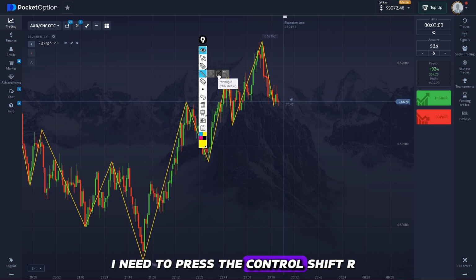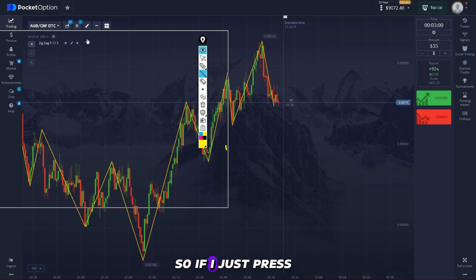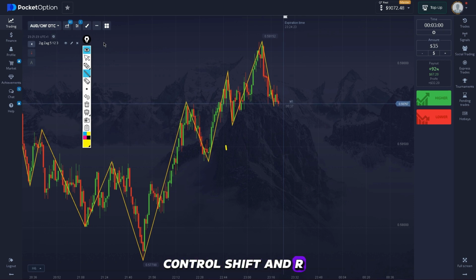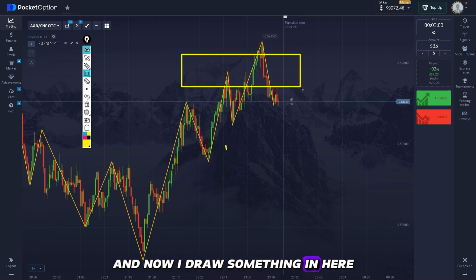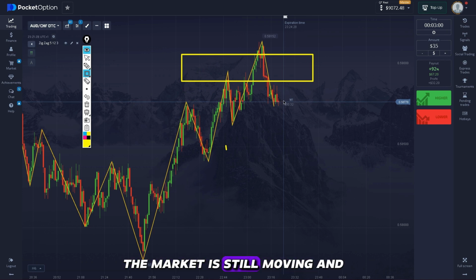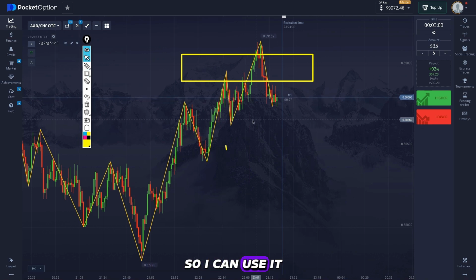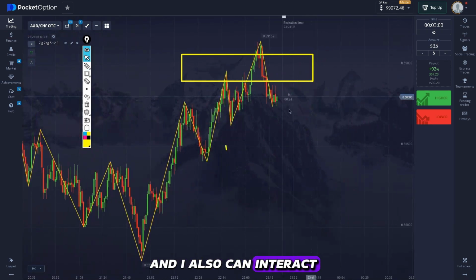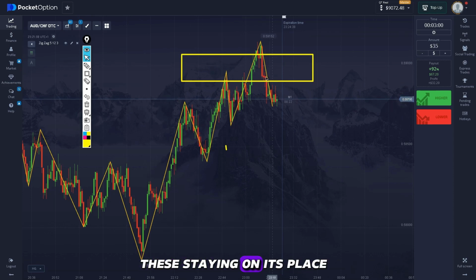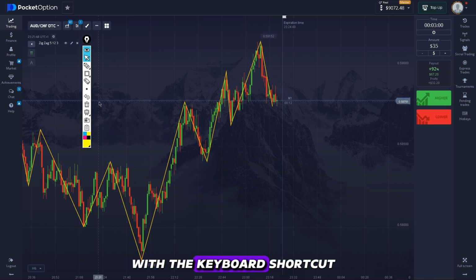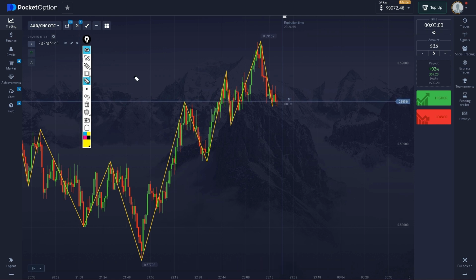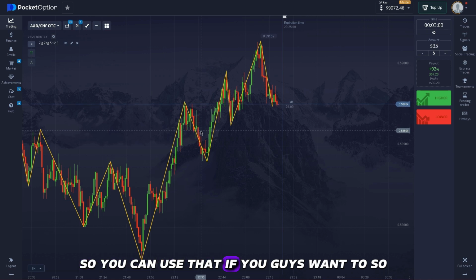I need to press Control Shift R. So if I press Control Shift and R, and now I draw something in here, as you can see, the market is still moving and my rectangle is on top of it. I can interact with the market with this staying in place, and you can erase it with the keyboard shortcut, or use an eraser, which of course you can customize. So you can use that if you guys want to.